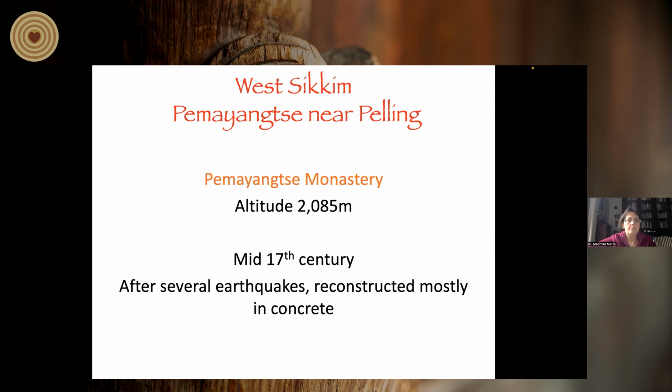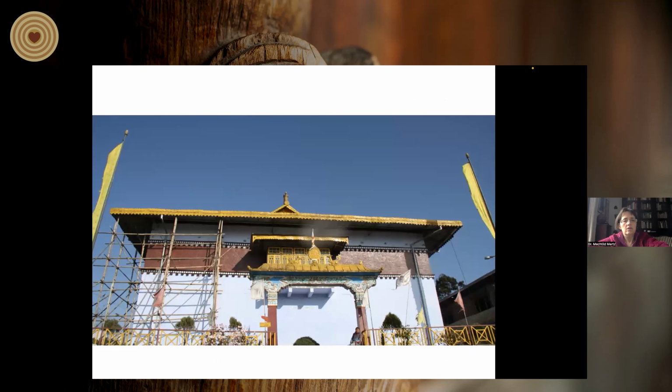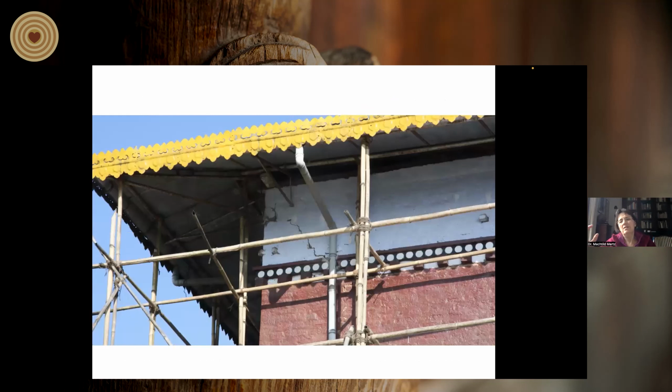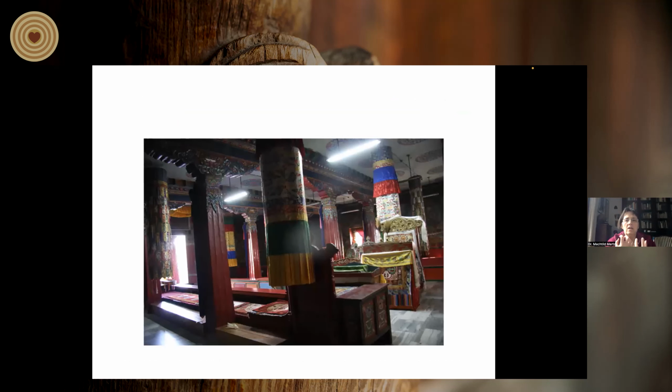So then the next temple is Pemayangtse Monastery, and you see it also on the top left side, and I give a closer view, and this is made from concrete, and it is very cold in winter and very hot in summer, so not very helpful as a concrete.